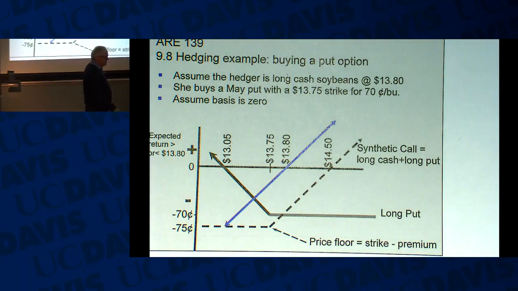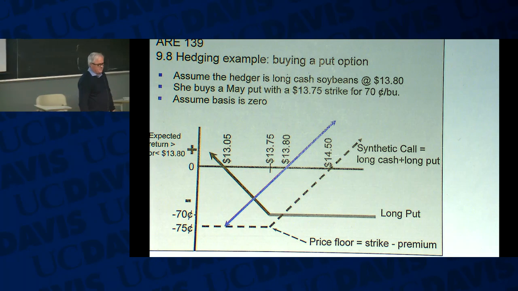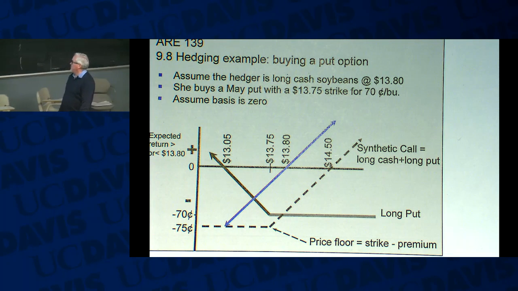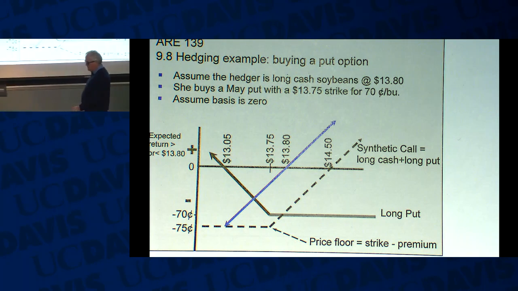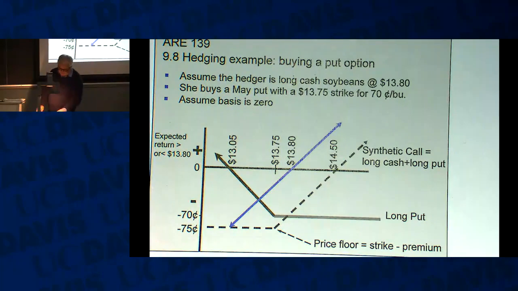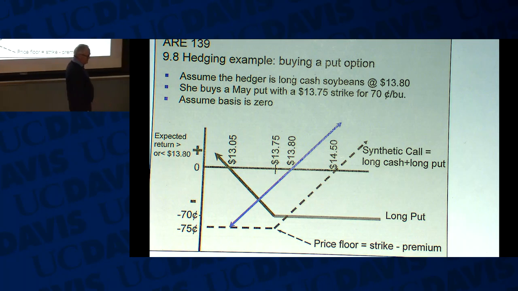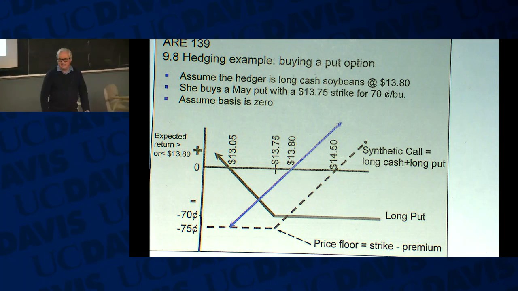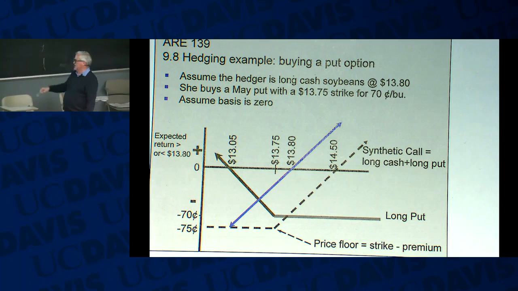So she's establishing a price floor because she's long cash, and she's worried about the price of soybeans falling. She can establish a price floor by purchasing this put option, and the floor is equal to the strike price minus the premium, which we just discussed.